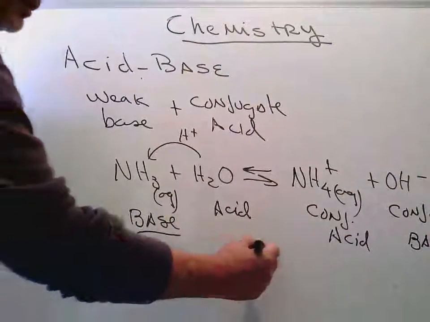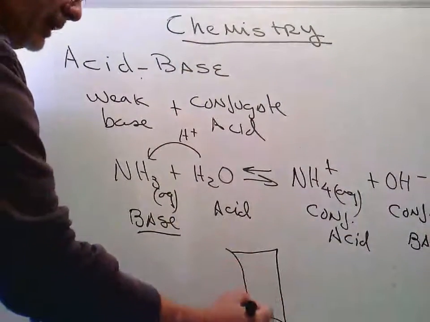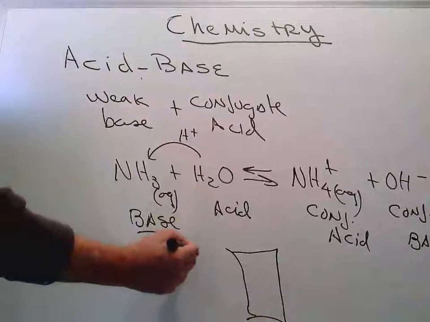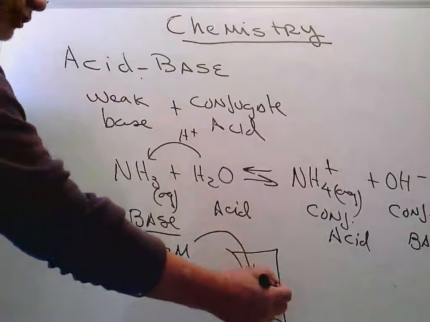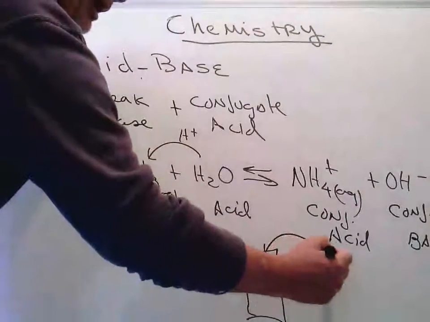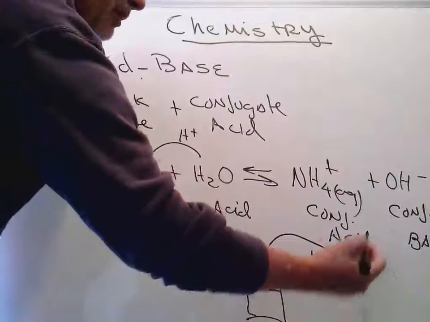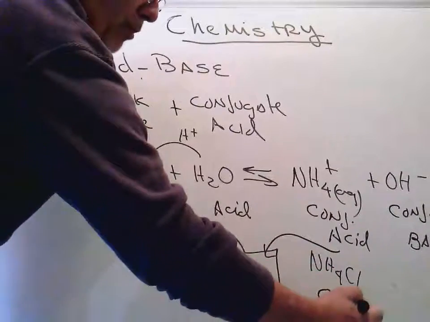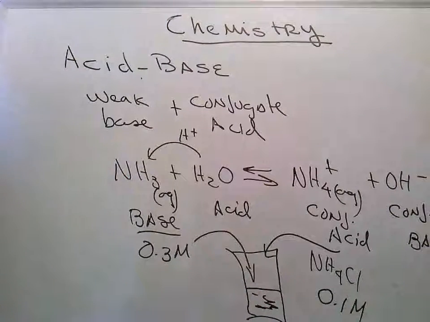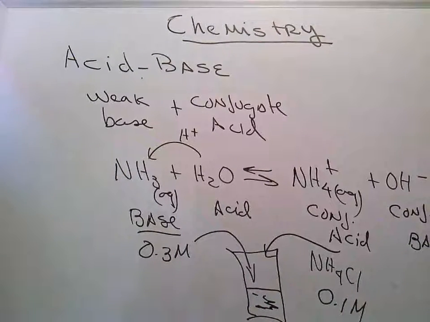So if I want to prepare a buffer solution, I will get a beaker, add, let's say, 0.3 molar of this base solution, and then add a salt like ammonium chloride, let's say 0.1 molar, and that will prepare my buffer solution that will keep the pH constant within certain limits. That's the definition of a buffer solution.